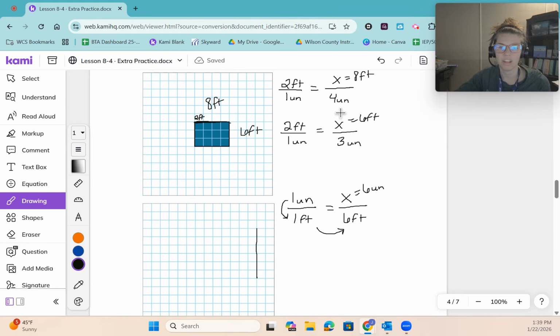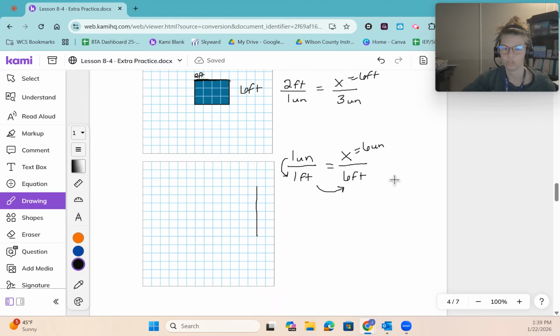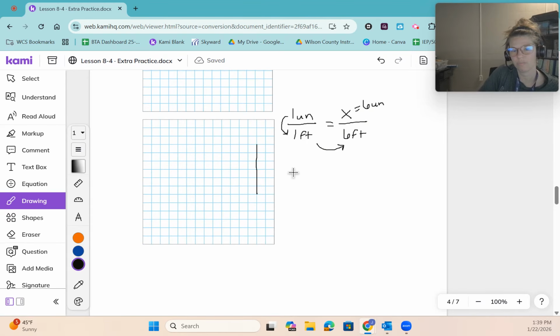Okay, and then the width was 8 feet. So we'll do that same calculation here. 1 unit is for 1 foot on this scale. And so how many units will be for 8 feet? Okay, 1 divided by 1 is 1 times 8 is 8 units.